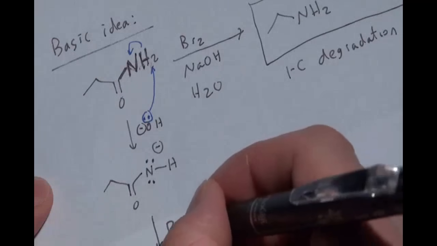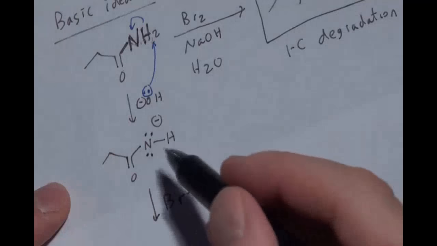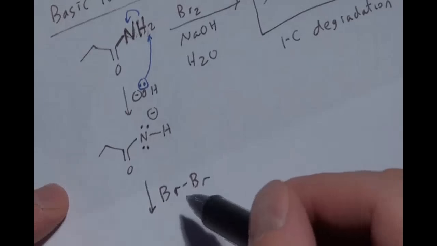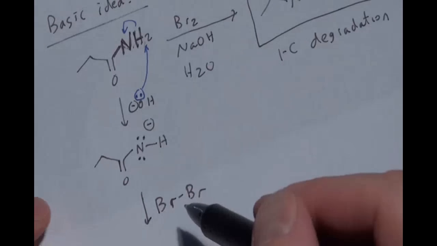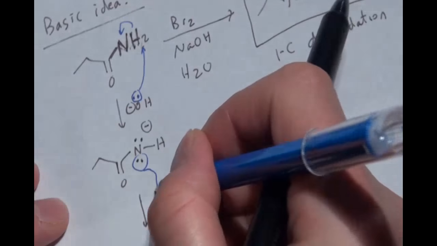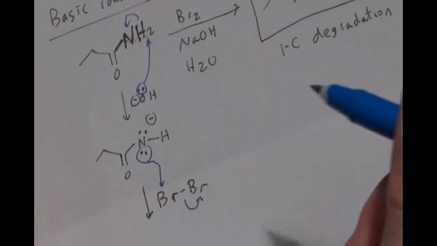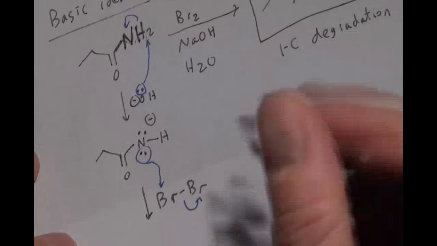Now, the negatively charged nitrogen is going to attack Br, and Br is an electrophile, so Br can be attacked. So simply attack, and we've brominated the nitrogen.